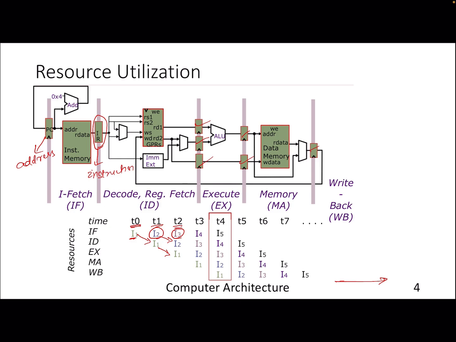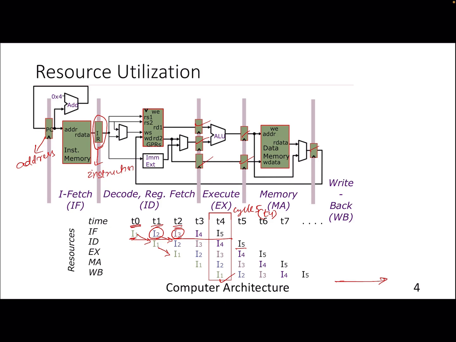And if you look at cycle number 5, which is T4, because you have started from T0, the pipeline is actually full. All the resources are getting utilized completely. And if you have billions of instructions in your program, you will find that the pipeline is full all the time. Since here we are talking about only 5 instructions, I1 to I5, all the instructions will start committing slowly.